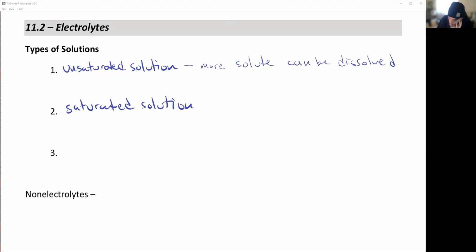A saturated solution is where the maximum solute is dissolved at that temperature.